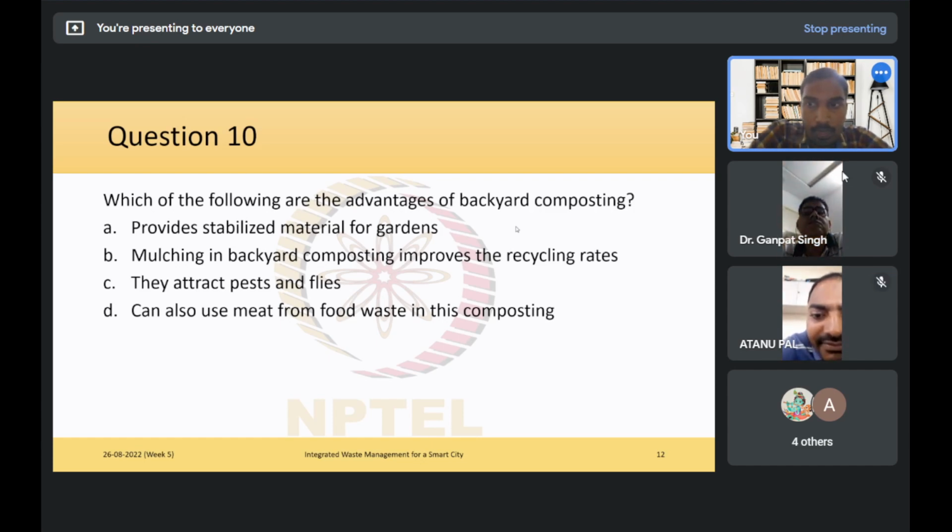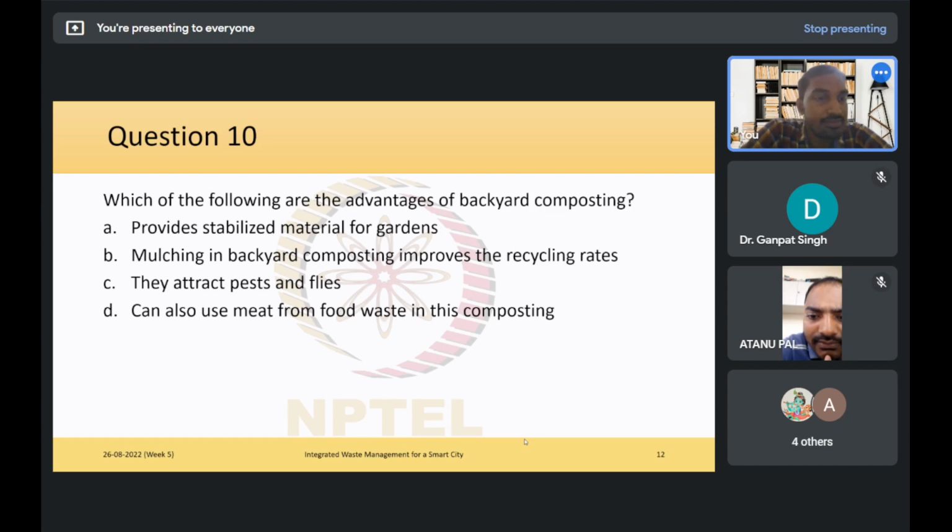Again, there could be more than one correct answer here. Okay, we have one answer in the chat, A and B. What about others?